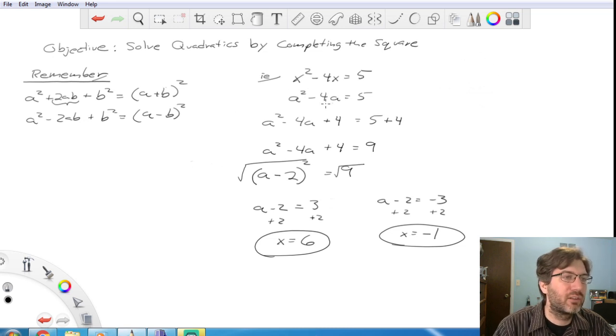So we have this negative 4a, so we know that negative 4 times a, which we have the a here, we want that a to be in our term, has to equal 2 times b. Then you'll note that you divide each by 2 to solve for b. But yeah, divide by 2 and divide by 2.